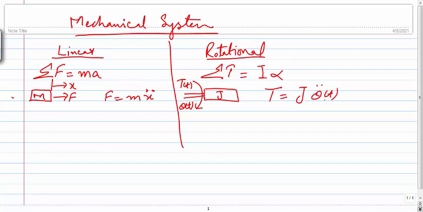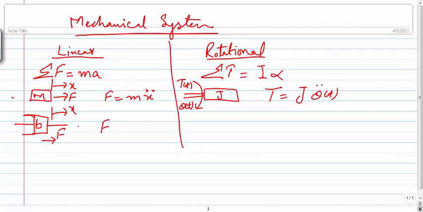Now the next one we have is known as a damper. There are different ways of representing this coefficient. Some represent it by B, some represent by D, but it doesn't matter. Unless you understand what's going on, let's suppose it is represented by B, and the force is applied in this direction.